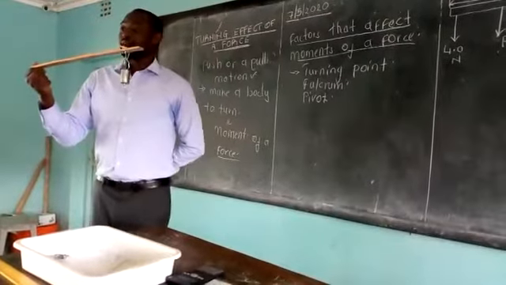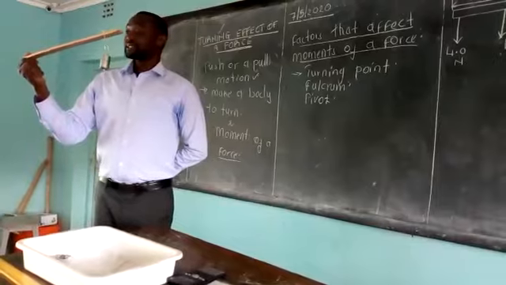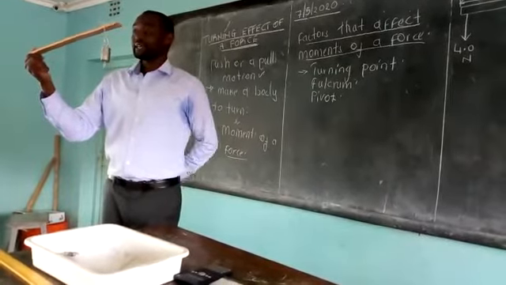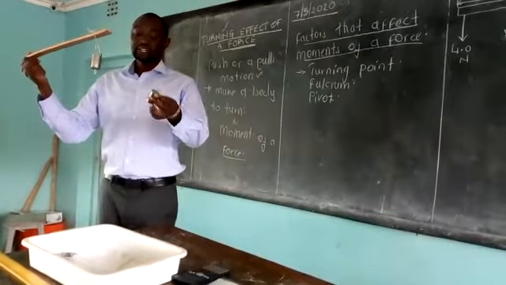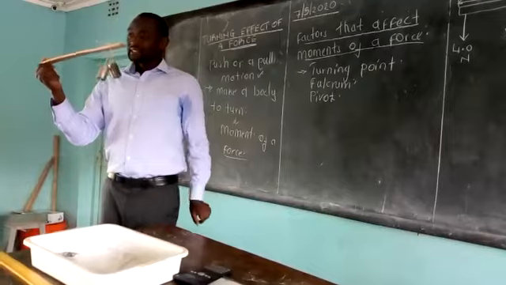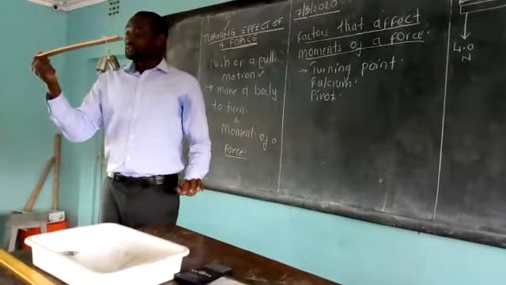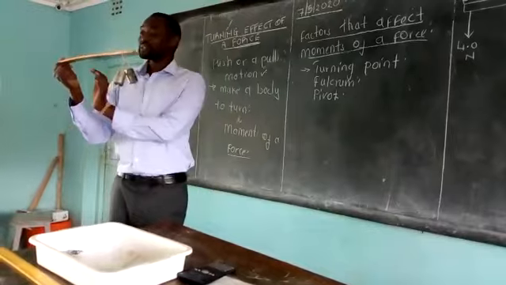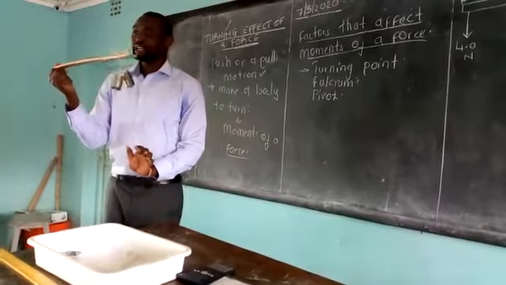You can see I'm comfortably holding this half meter rule with one mass on it. It is applying a certain force. Now, let's add another mass. If you were the one holding this, I'm sure you won't be this strong, because I'm using a lot of force to maintain it.